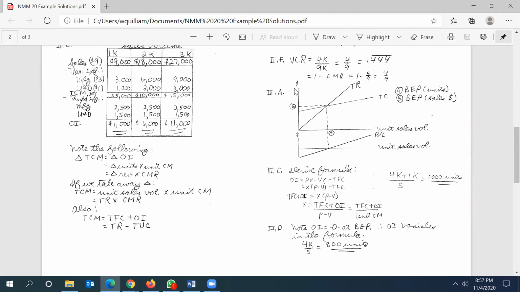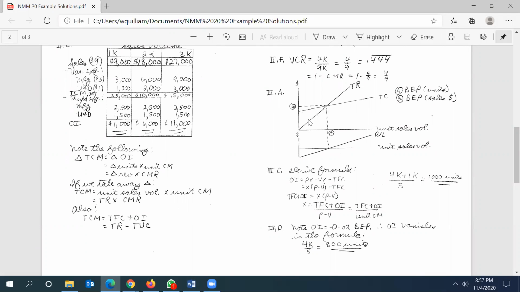So what I did, I have the total cost line or graph here. Again, the y-intercept being total fixed cost, the slope being variable cost per unit. Then the total revenue line. It's a ray from the origin because if we have 0 units that we sold, we will have 0 total revenue.